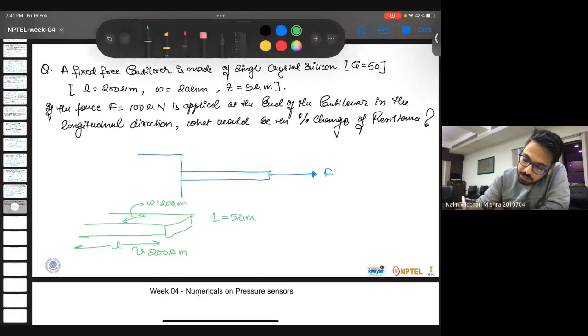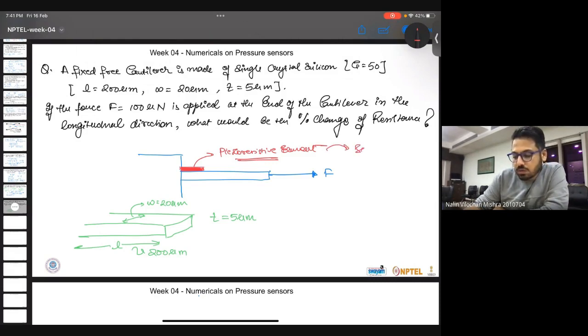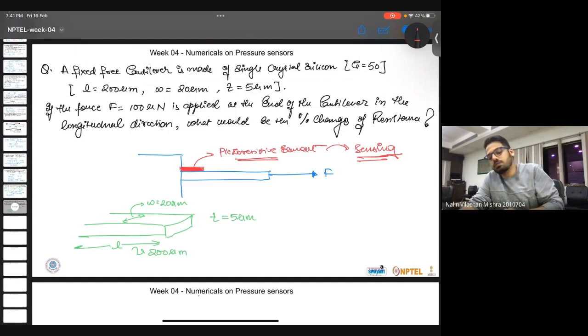Here we have this piezoresistive element fixed with this beam. It can sense the percentage change. It is for sensing. So please tell me what would be the percentage change of resistance?